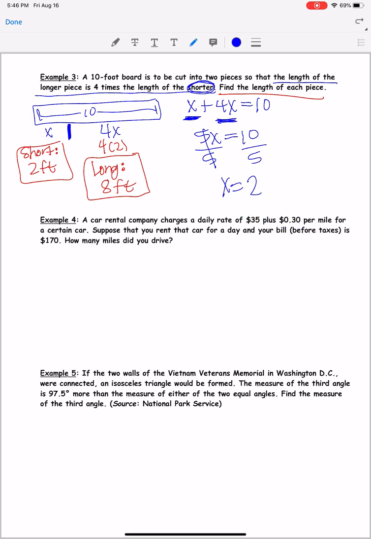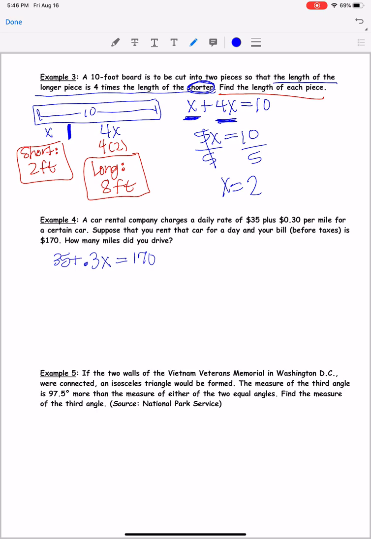So let's make an equation with that information. So just to rent the car, we've got to pay $35 plus my 30 cents. So you can either put 0.3, that's the same as 0.30. 0.3x equals how much do we spend total? 170.